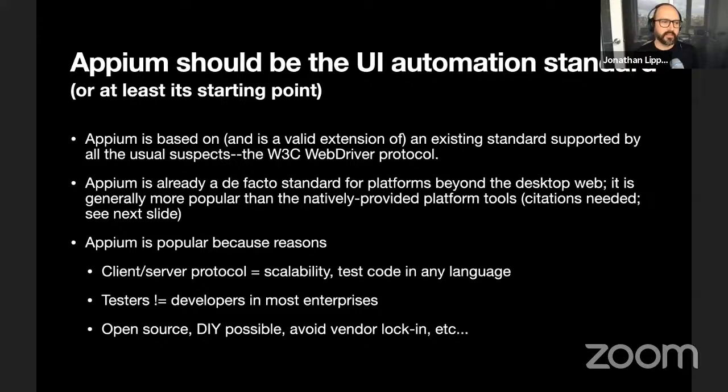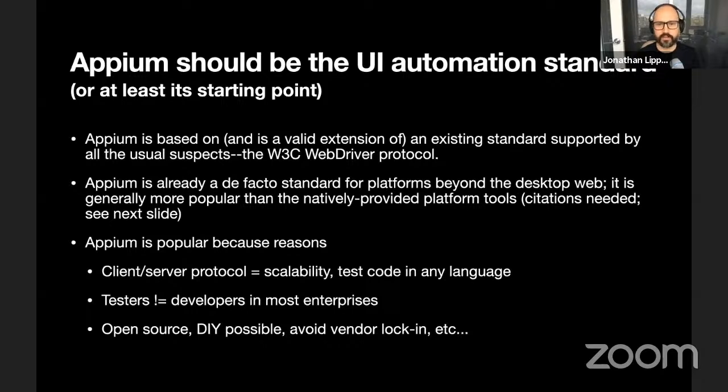So I think it's an easy sell from a standards perspective to say, we have this thing, it's working on the web. Why don't we simply extend that to other platforms? And look, Appium has already developed a proof of concept over the last 9 years of how we can do this. So there's a lot of wisdom that's already been gained and decisions that have been made that we can leverage.